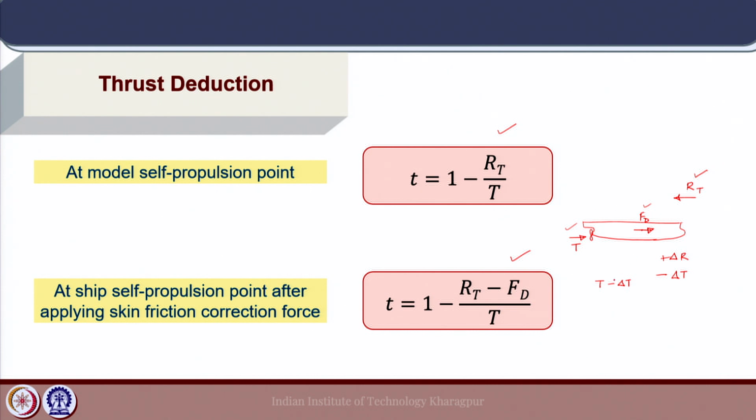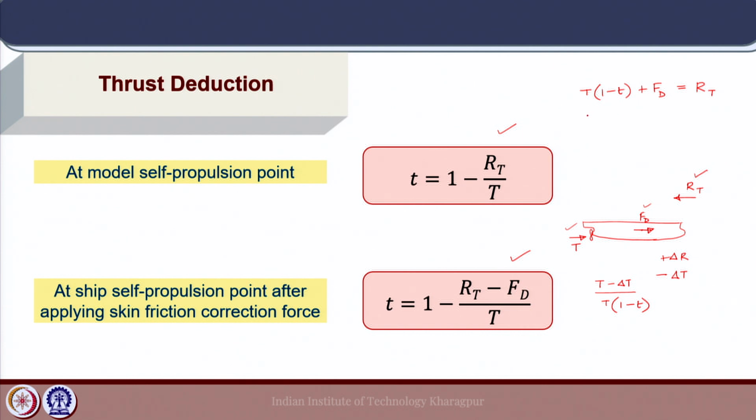We have to account for that using a factor delta T, which is the thrust deduction, and this is mentioned as 1 minus t, where small t is the thrust deduction factor. So, we can write finally T into 1 minus t plus Fd, which is the total force in the forward direction, should be equal to the RT when the model moves forward at uniform speed.